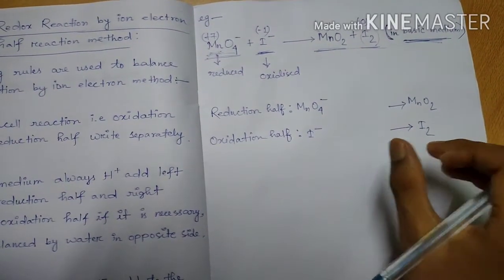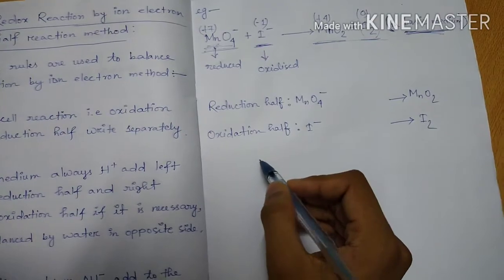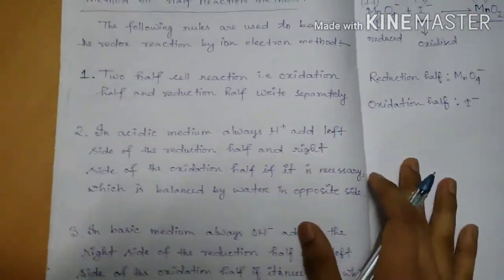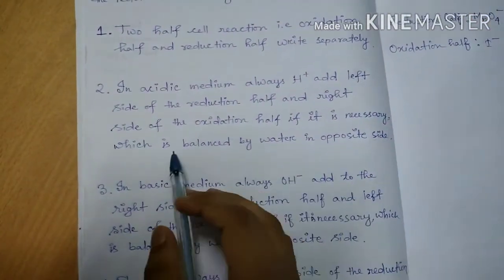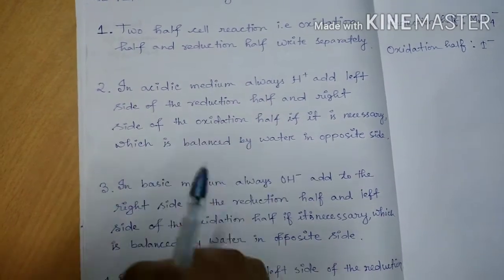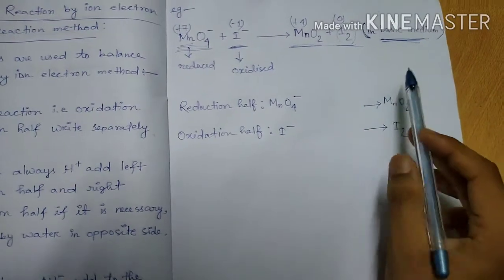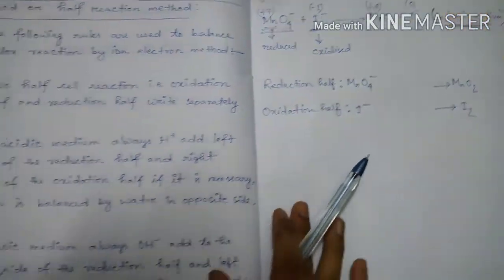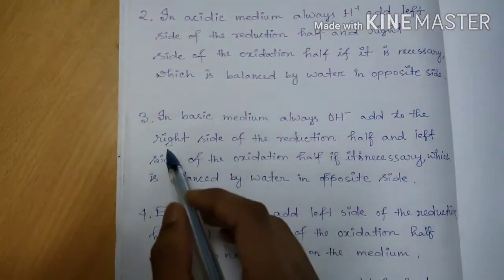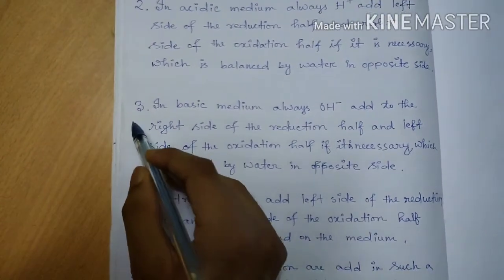Now you come to rule number 2. Rule number 2 is for acidic medium, so we don't need it because our reaction is in basic medium, and we have to apply the rule for basic medium. So we come directly to rule number 3.